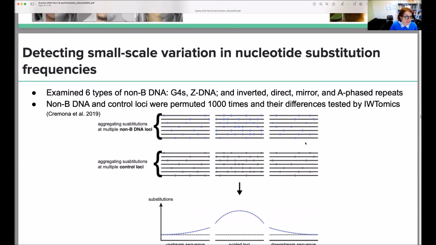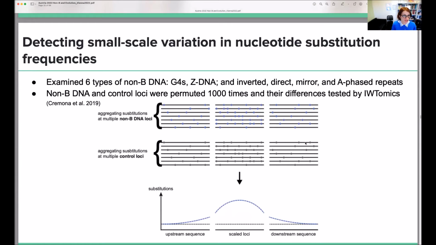So the first thing that we did is we detected the small scale variation of nucleotide substitutions. So we examined 6 types of non-B DNA separately, and then we compared the distribution of divergence to diversity there, genome-wide, right? We combined all of these loci against controls.